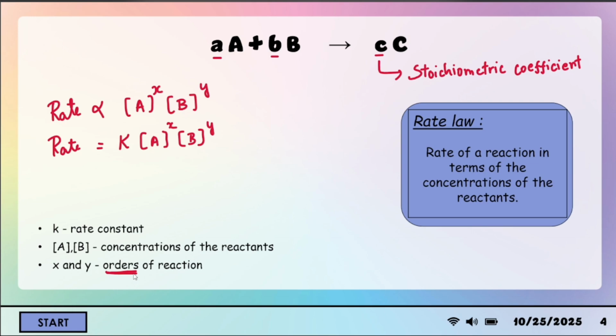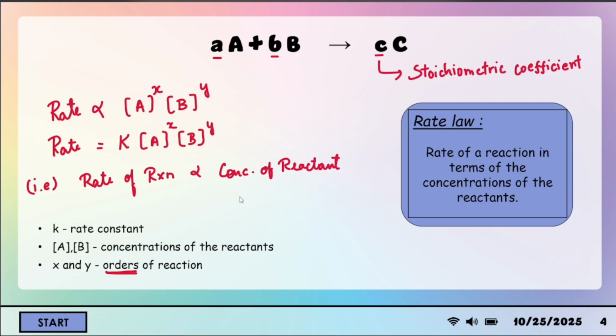Okay. One more important thing to remember, students, is that the rate of the reaction depends on the concentration of the reactant. That is, rate of reaction is directly proportional to the concentration of reactant.